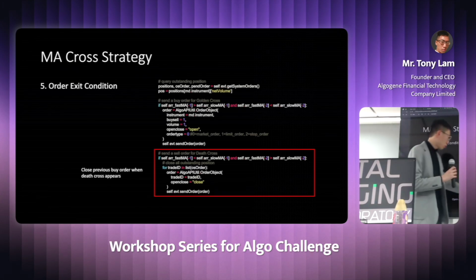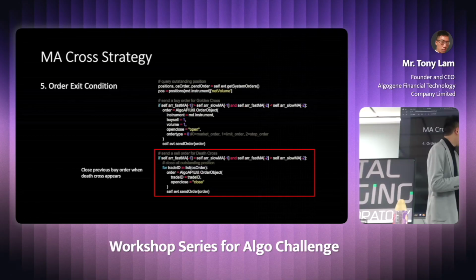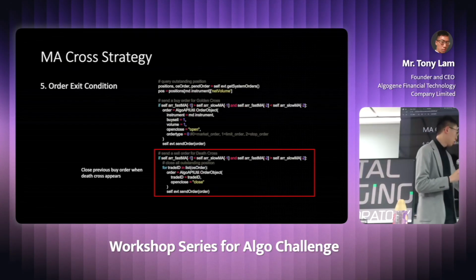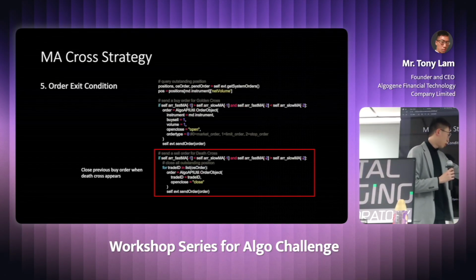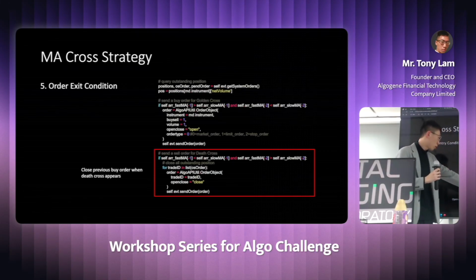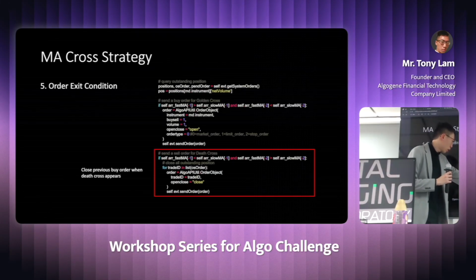So here, the golden cross will take the fast MA here. We compare it with the last previous day's slow MA. So once we identify there is a golden cross, we will open a position and send an order.